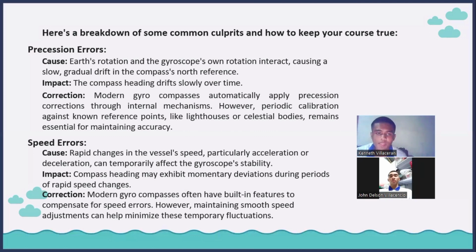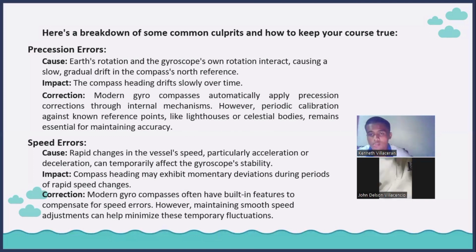Second is speed error. The cause is rapid changes in the vessel's speed, particularly acceleration or deceleration, which can temporarily affect the gyroscope stability. Impact: compass heading may exhibit momentary deviations during periods of rapid speed changes.